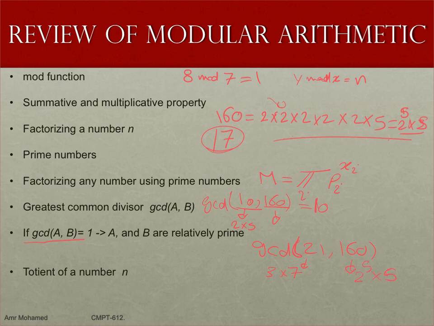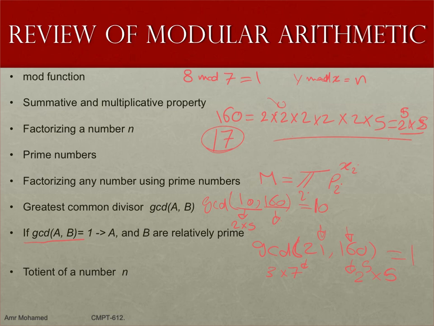Is there any commonality between the two? None. So the only common divisor is 1. Does that mean that this one is prime, or this one is prime? No. But we call them co-prime, or mutually prime.